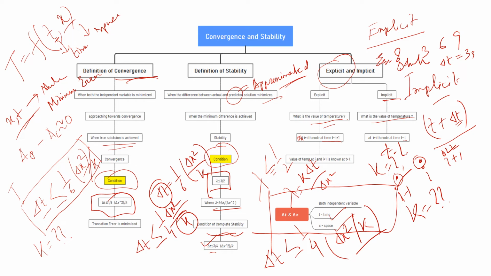So remember that in case of explicit, we are trying to find the output T at I plus 1, but the most important point is after spanning of L plus 1 second. L plus 1 signifies the increment of t, which is del t, and this I plus 1 signifies the increment of x, which is del x.